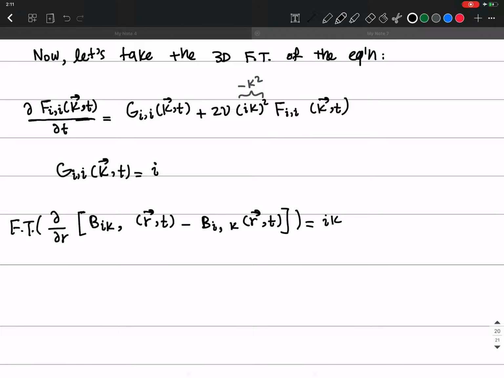It's going to be ik_l, with the triple moments, il, i minus phi_l i.